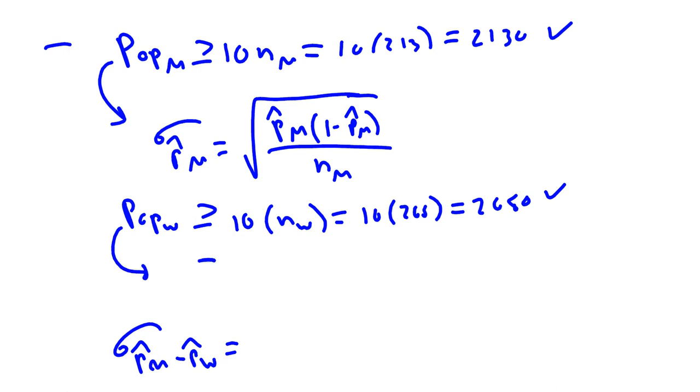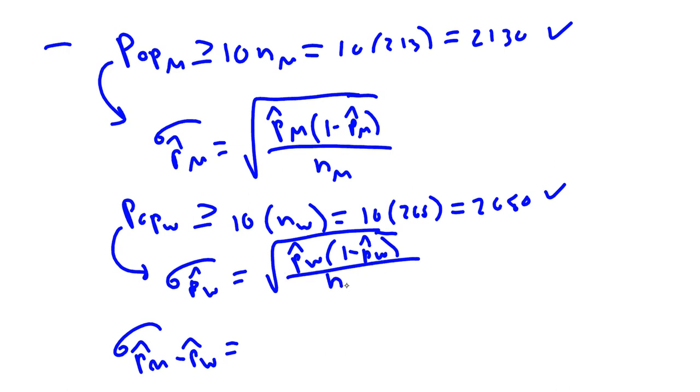And again, we would get this standard deviation for women, which would be the square root of p hat sub women times 1 minus p hat sub women over n sub women. So coming up in a different video will be how you do something called a two proportion z-interval.